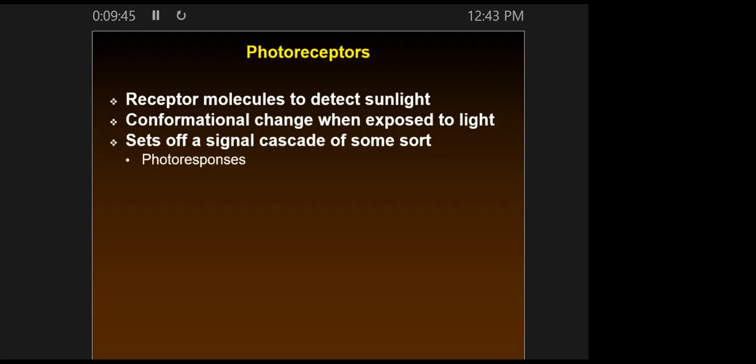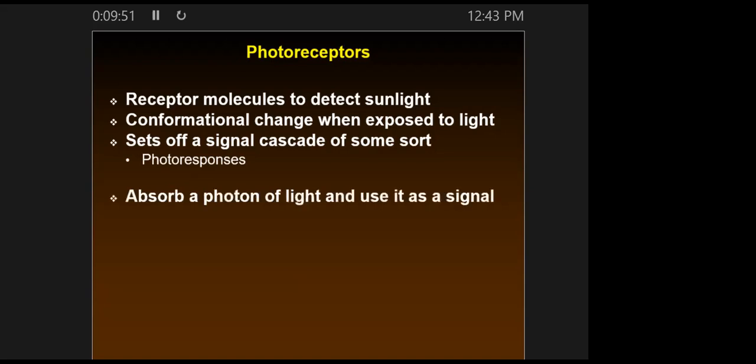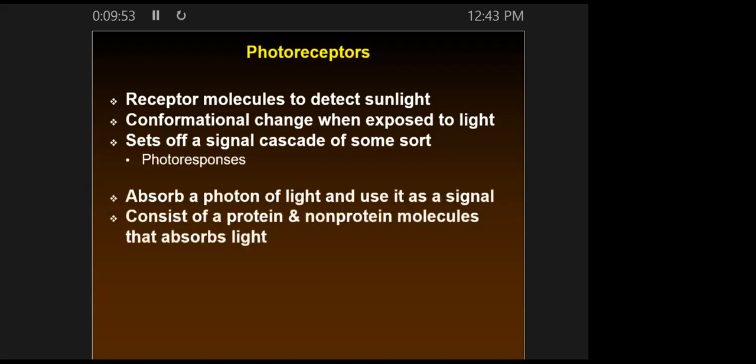And then if it's the right shape, that could lead to a change in gene expression. So they're using light as a signal. And then that kicks off the signal cascade all the way to the DNA, telling the DNA to shift its gene expression.